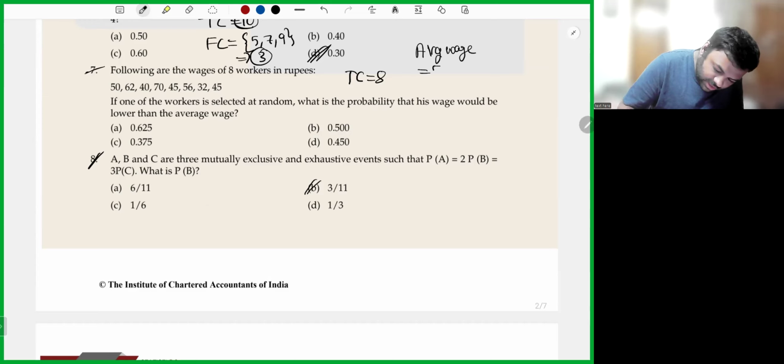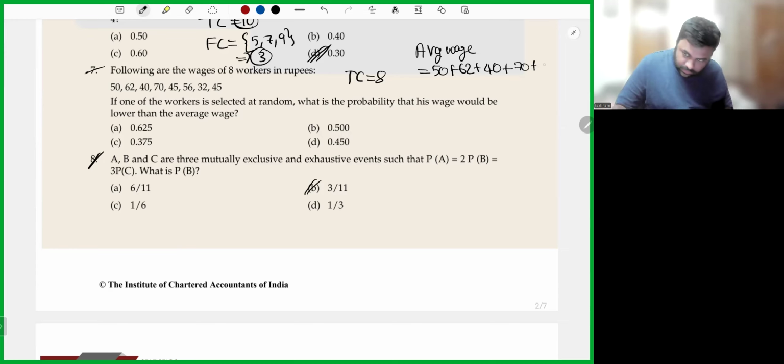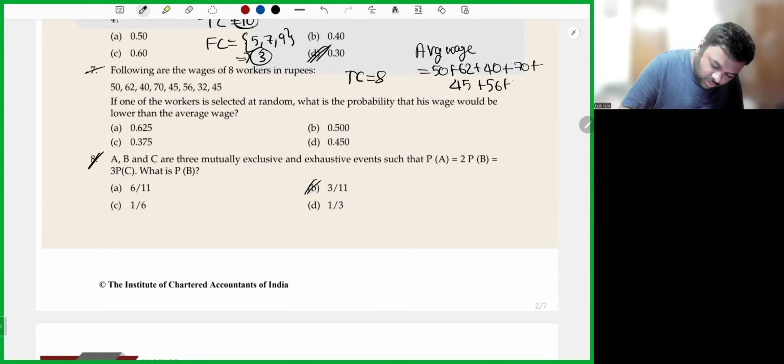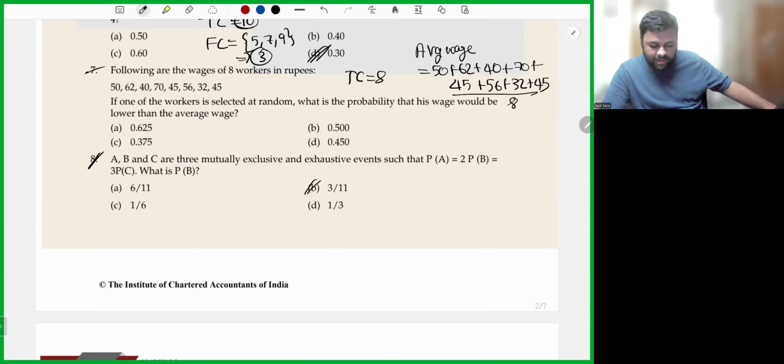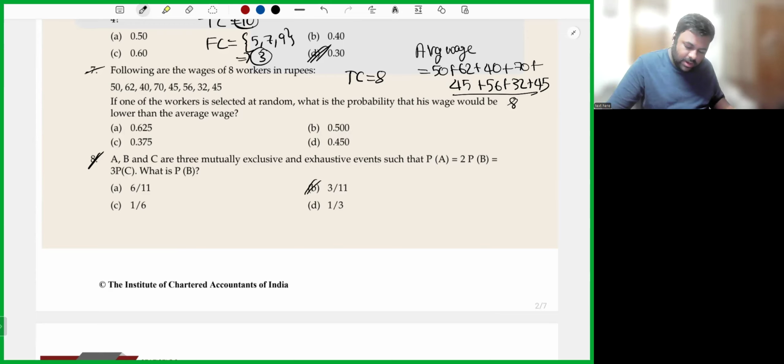What will be the average wage? 50 plus 62 plus 40 plus 70 plus 45 plus 56 plus 32 plus 45 whole divided by 8. Let me calculate the average wage.